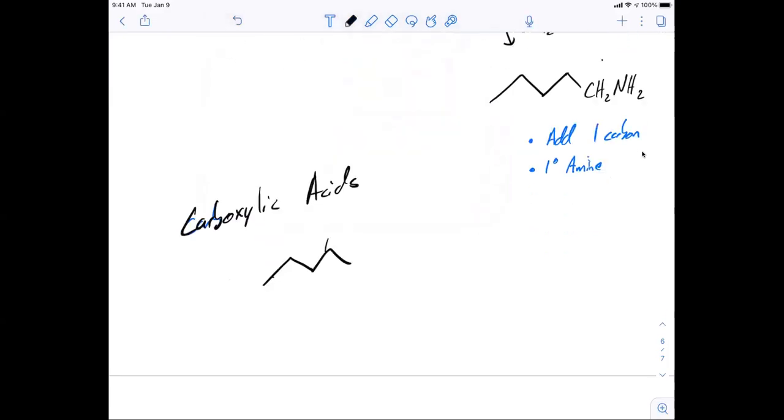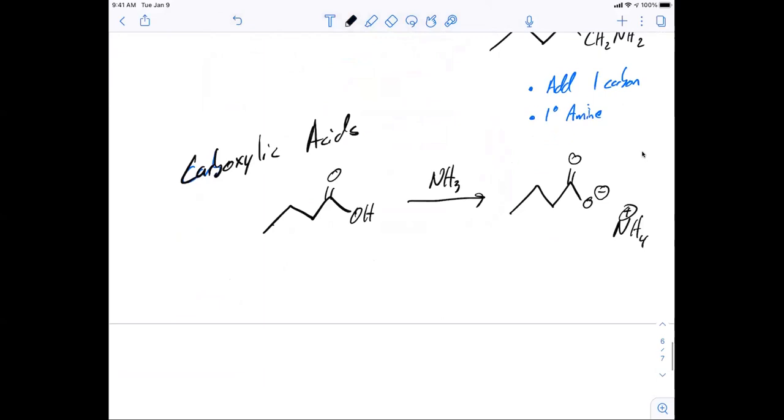Now, it may be obvious, but just to review, if I took a carboxylic acid and added the amine, what I'd end up with is the carboxylate and the ammonium, right? So here the amine acts as a base, so I'm not going to get a substitution.